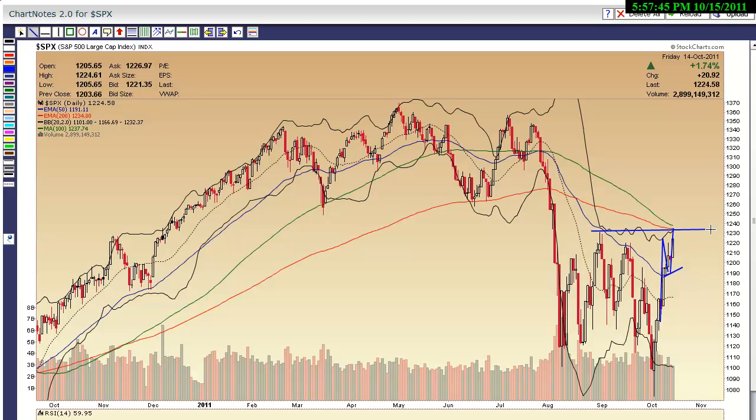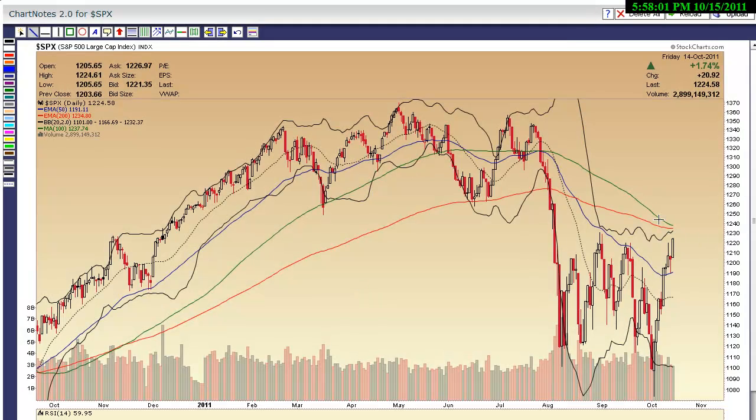My assumption is this 1230 level in the S&P, combining with the most relevant highs over the past 2 months, we're seeing the 200 and the 100-day moving averages come into play.